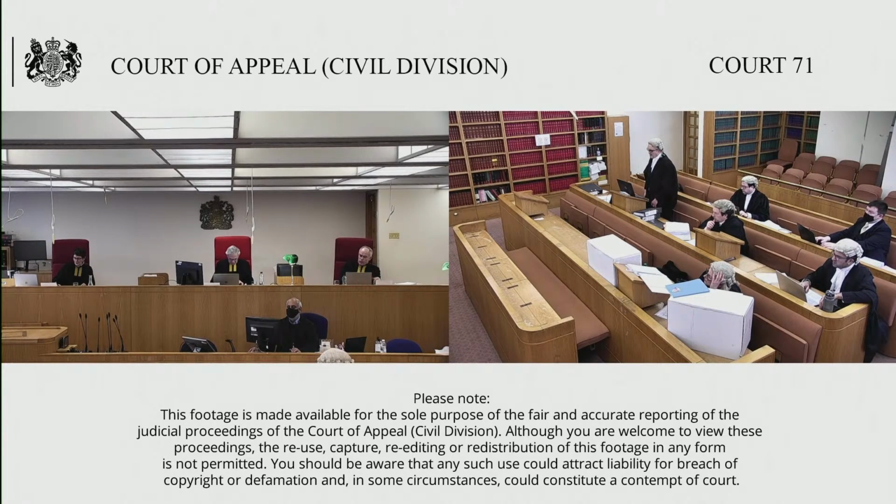But again, we're faced with a slightly different situation because that's a Rule 43 application. We're entertaining an appeal. If we consider that it's an unfair procedure, we're likely to take the same view and just quash it. Exactly. And then remit it.